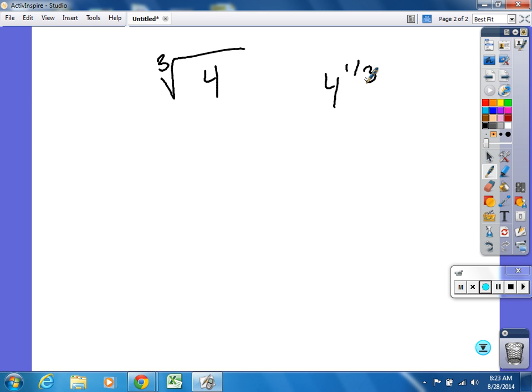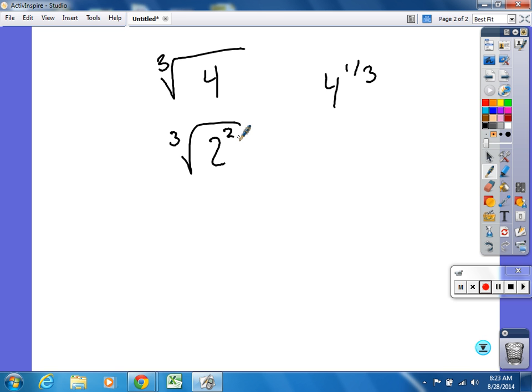Is there another way I could write this? What's another way I could write 4? 2 squared, right? Isn't 4 the same thing as 2 squared? So this is the cube root of 4, of 2 squared.